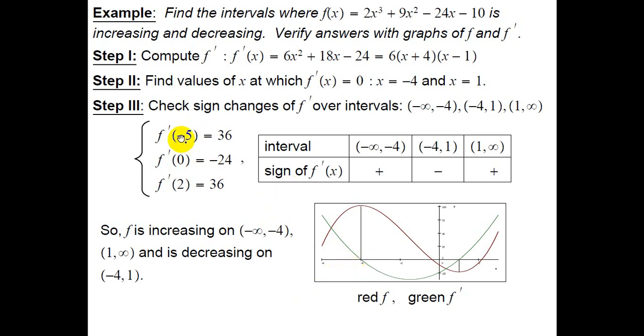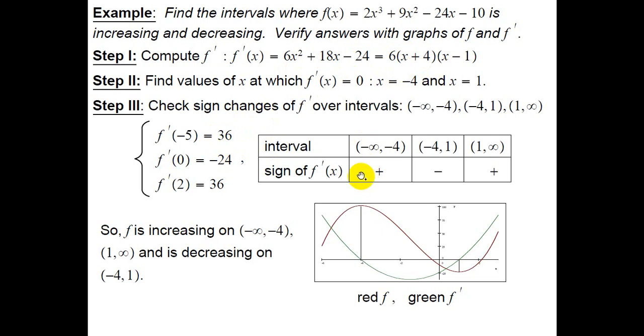For x equals minus 5, we determine f prime of x by putting x equals minus 5 in this function or that function, whatever you like, these are the same functions. Then we get the result, which is 36 and which is positive.